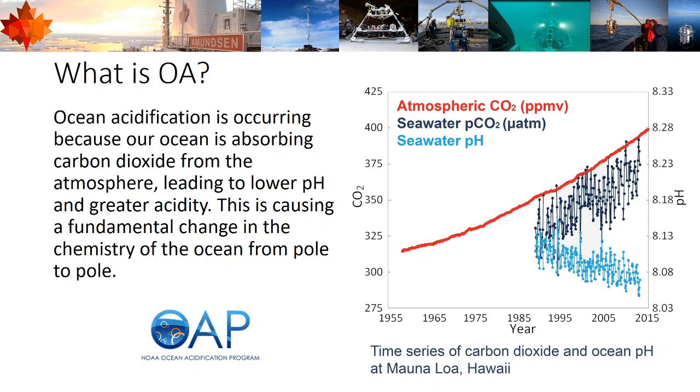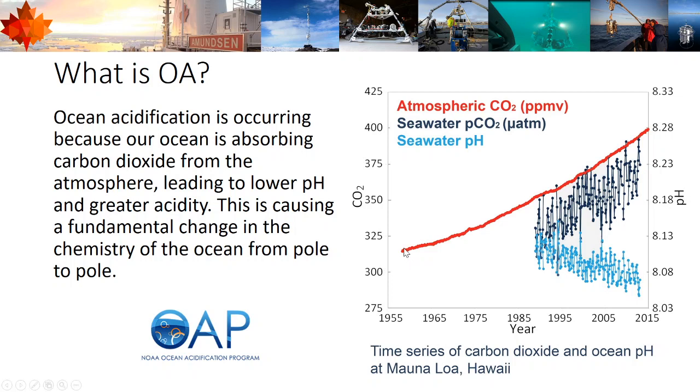So first, we're just going to start with what is ocean acidification. Here's a definition from our partners south of the border at NOAA. Ocean acidification is occurring because our ocean is absorbing carbon dioxide from the atmosphere, leading to lower pH and greater acidity. This is causing a fundamental change in the chemistry of the ocean from pole to pole.